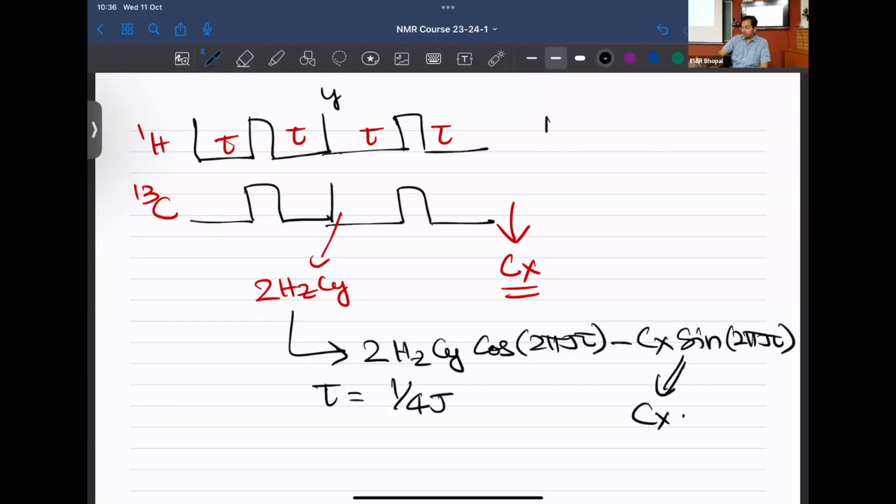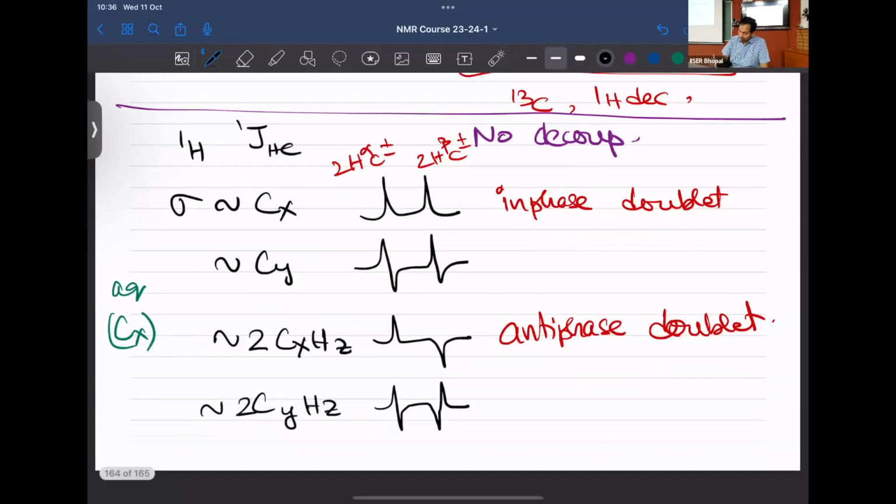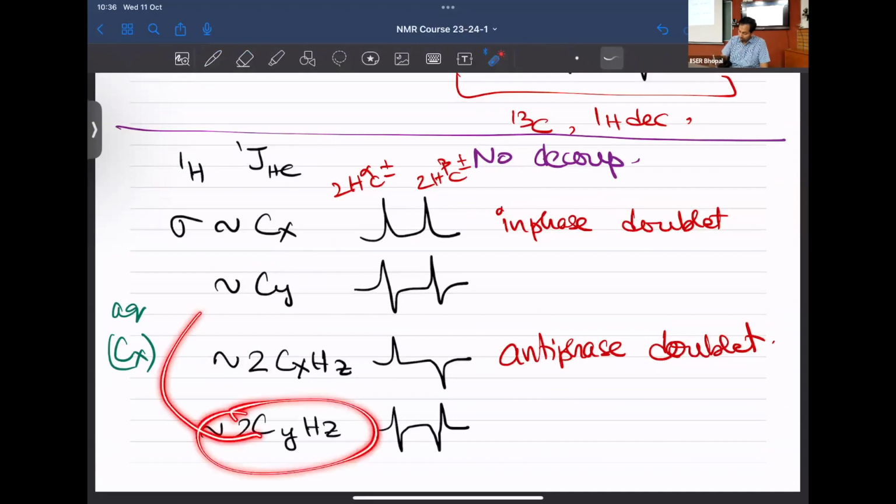This is called the refocused INEPT, sometimes called RINEPT. The problem we raised, that it's an antiphase term, is now taken care of when you made it in phase. Therefore, you can decouple. So one problem taken care of.